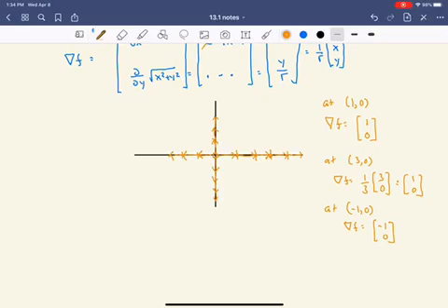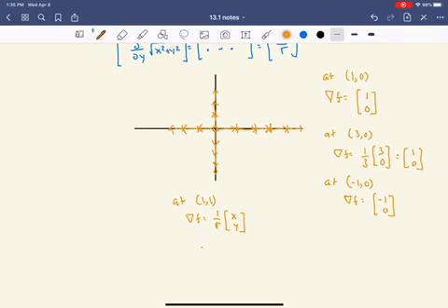Now let's look at what happens at (1, 1). At (1, 1), remember, our vector field is 1 over r times (x, y).